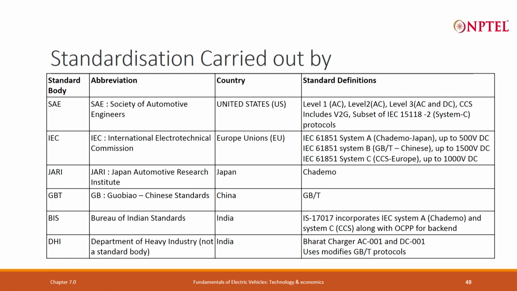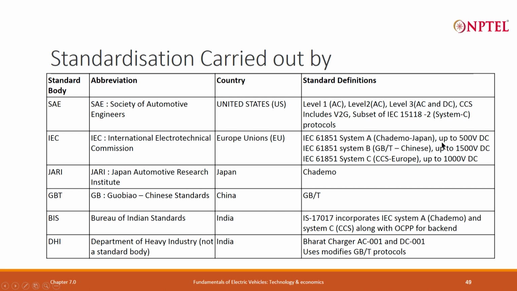We will come back to that, because that is important from our point of view to understand where we are as far as standards are concerned in India, and what guidelines we have available on standardization for chargers. But overall, IEC 61851 specifies only DC standards.